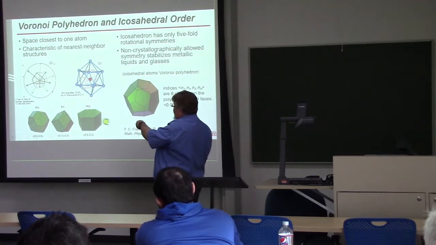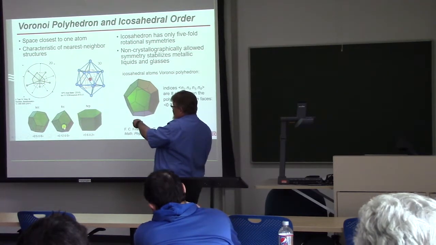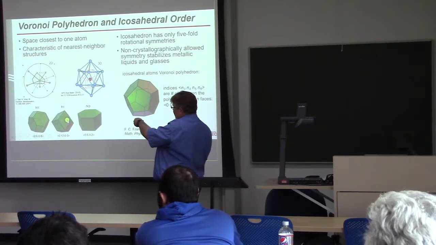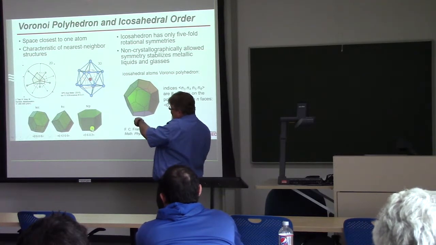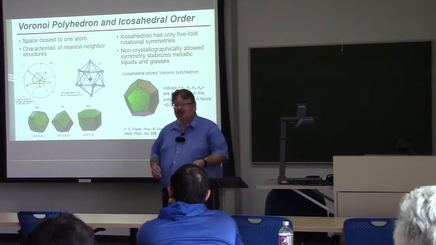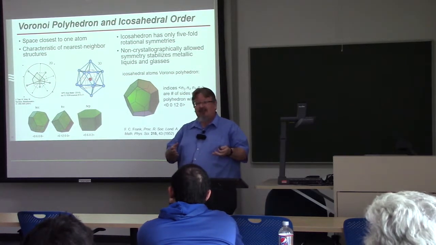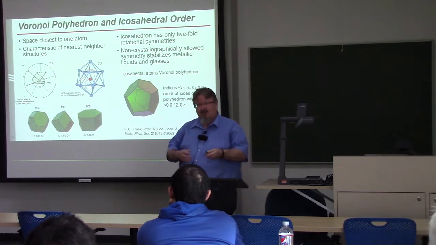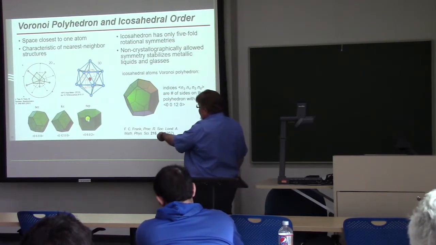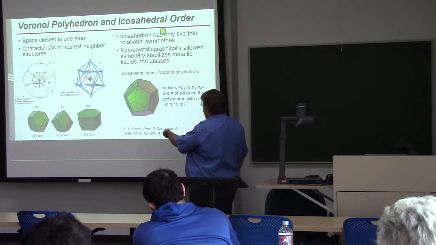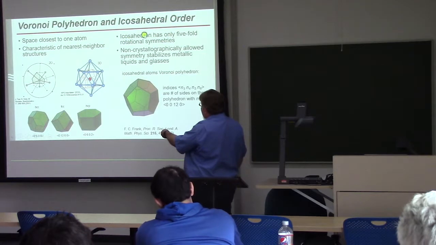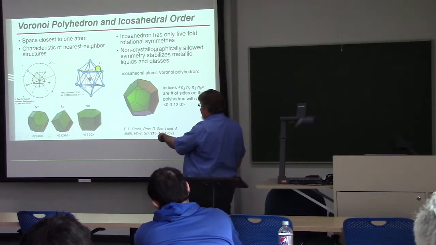And there are characteristic polyhedra for all of the simple crystal structures. So here's the one for a BCC crystal, here's FCC crystal. HCP is the one that's, to my eyes, easiest to see the relationship between the coordination polyhedron and the crystal structure. So if you use this kind of analysis on a dense random pack structure, you'll find a significant number of icosahedral arrangements of atoms.